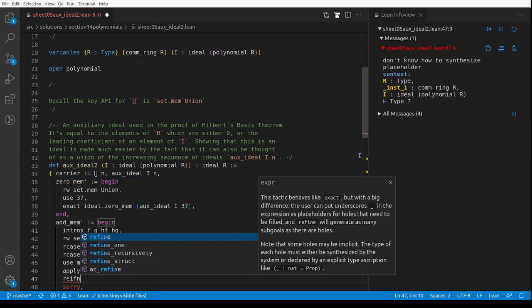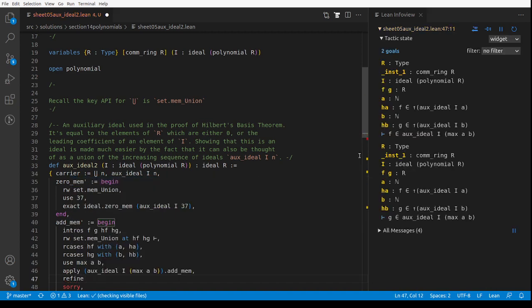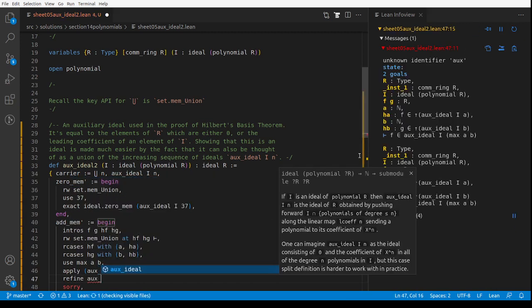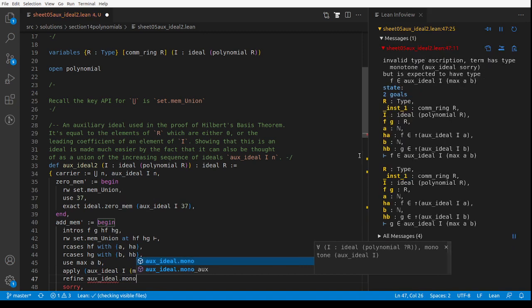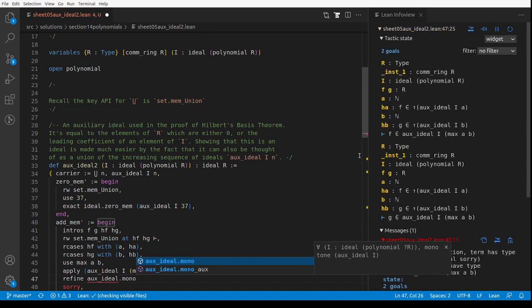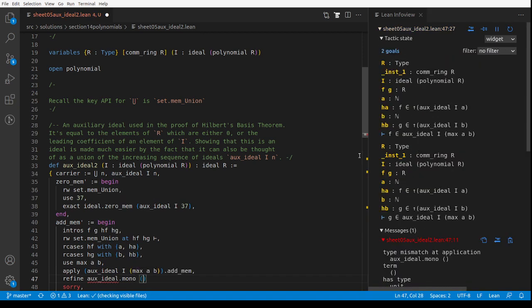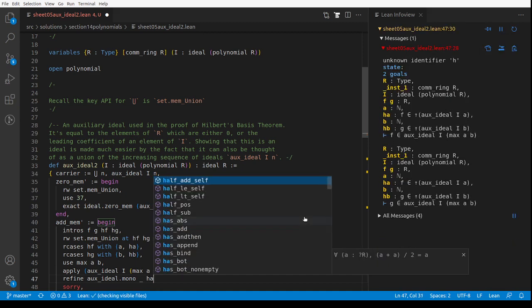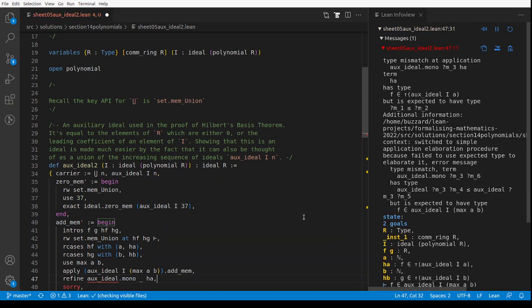So refine auxIdeal dot mono or something. It wants the inequality, and then it wants ha. Oh well, ha is supposed to be the inequality. Oh, did I put them the other way around? No. Is it underscore ha?